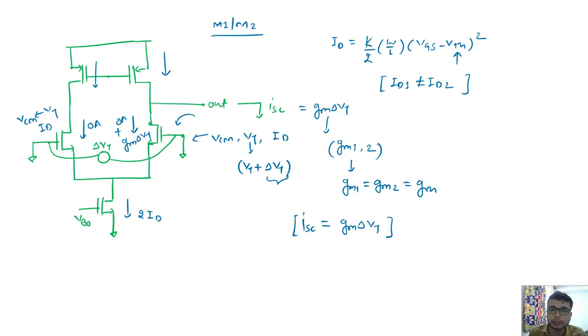So if the question is asked how you will see the mismatch between the devices at the input, you can simply say that you have shorted the DC, and on top of that there is a VT mismatch. Due to that, one branch will carry the del VT current and the other branch will carry zero current, because the zero current is the DC current, or in general the small signal current, which is zero, because I have shorted the input to ground on both sides.